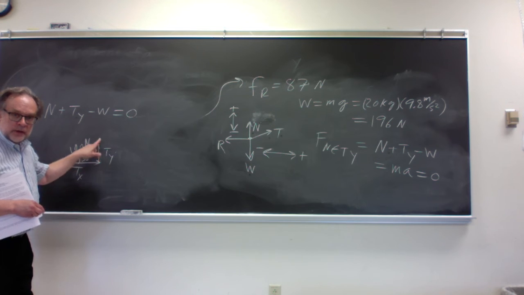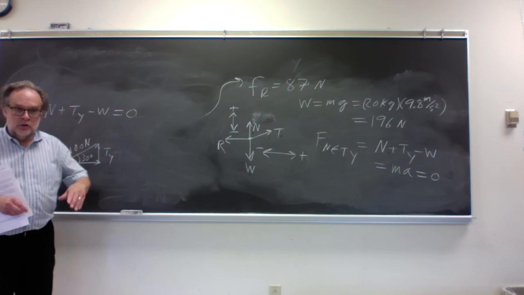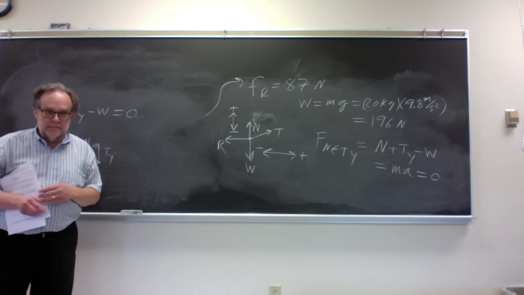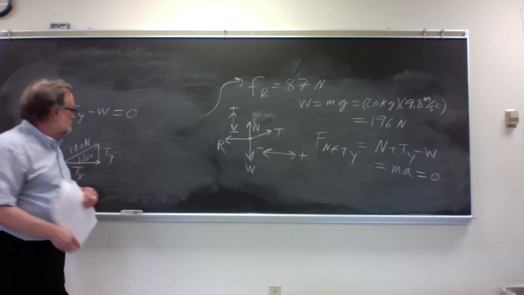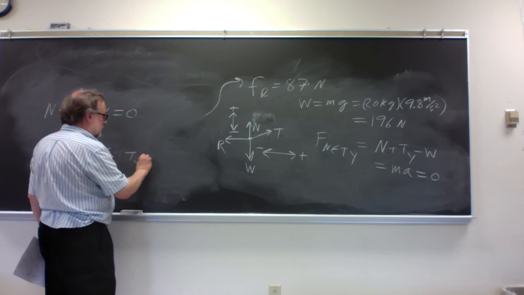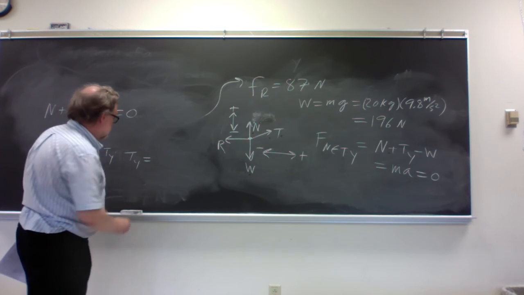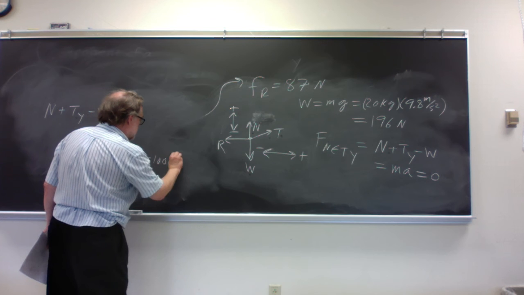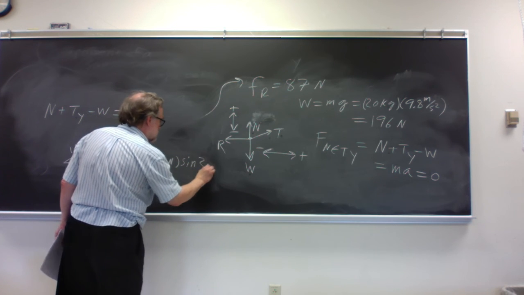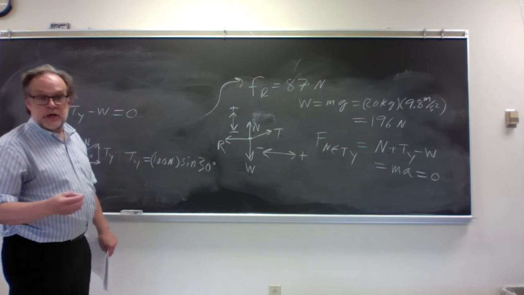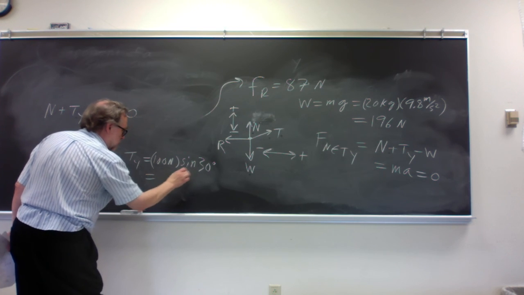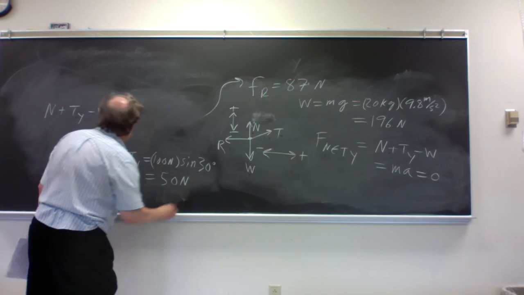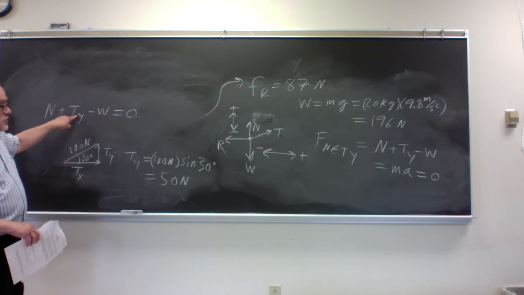So if we're trying to figure out the magnitude of a side that's opposite, we use sine. Sine is the ratio of opposite divided by hypotenuse. So Ty is just hypotenuse times sine, or 100 newtons times sine of 30 degrees. Sine of 30 degrees turns out to be 1/2. So 100 times 1/2 gives us 50 newtons. Well, that number is 50 newtons.